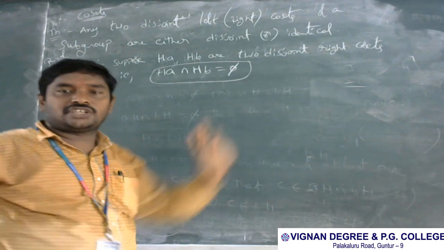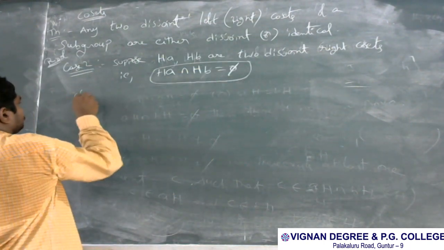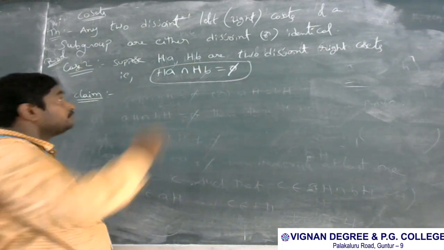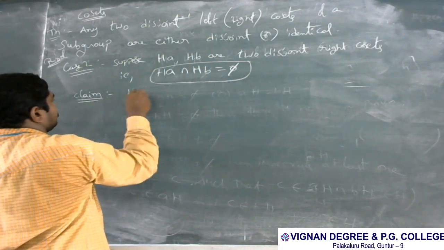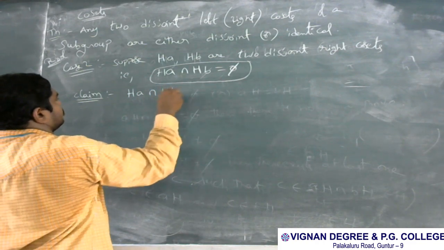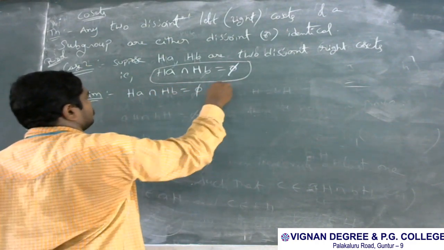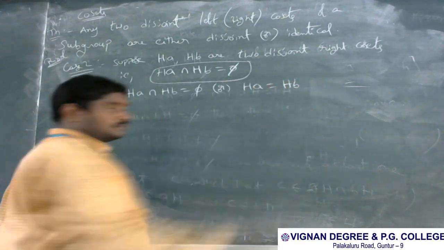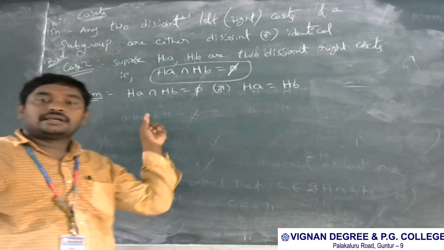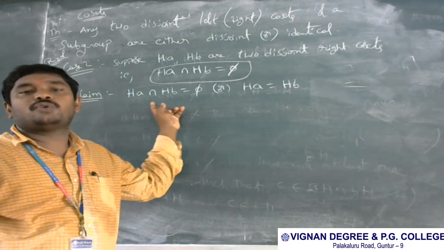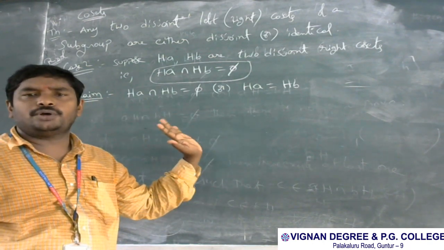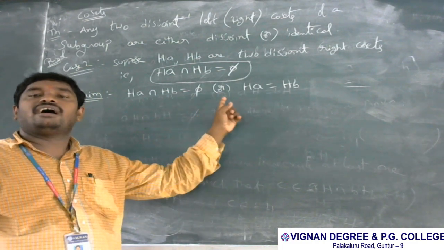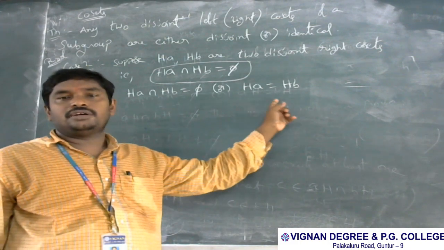Next, the claim. Claim means what we have to prove: Ha intersection Hb is equal to the empty set, or Ha is equal to Hb.